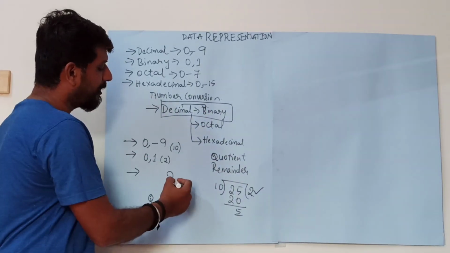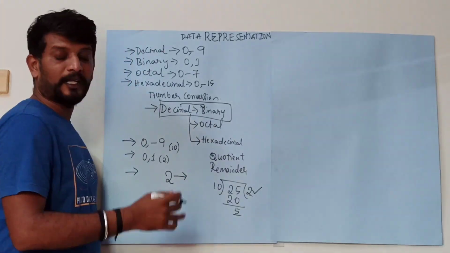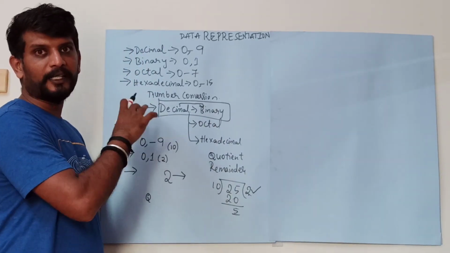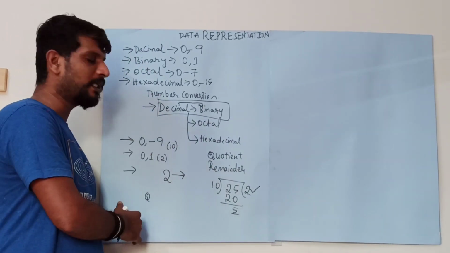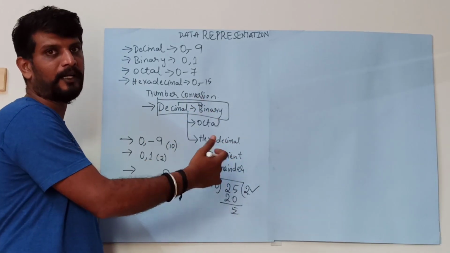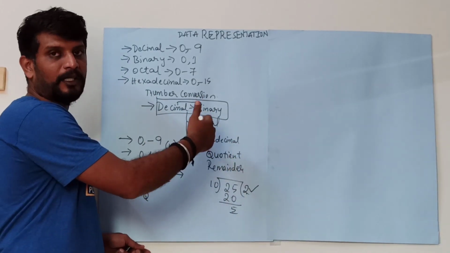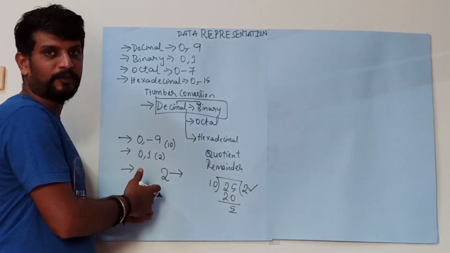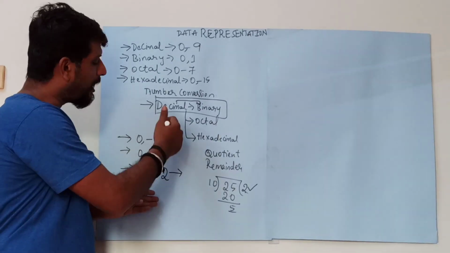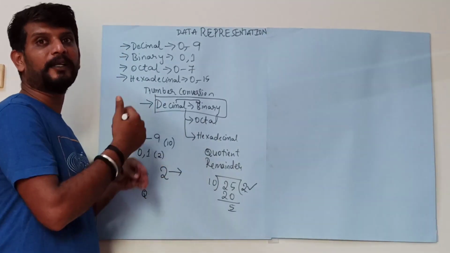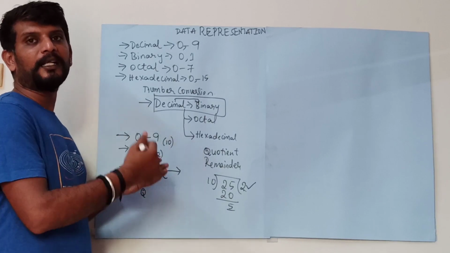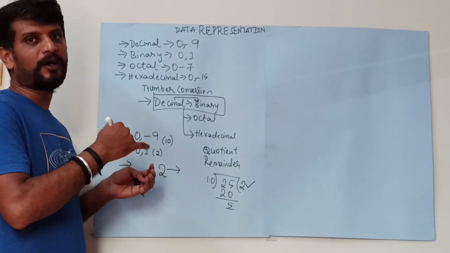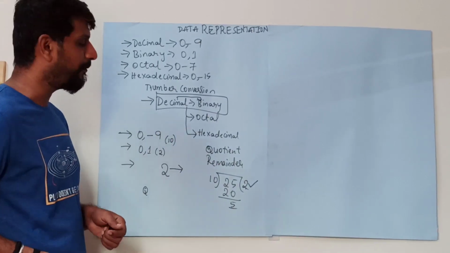First, you divide the given number by 2. You will get a quotient and a remainder. The remainder should be placed on the right hand side, and the quotient on the left hand side, and the quotient should be repeatedly divided again and again until the quotient value becomes 0 or 1. I will tell you how exactly.